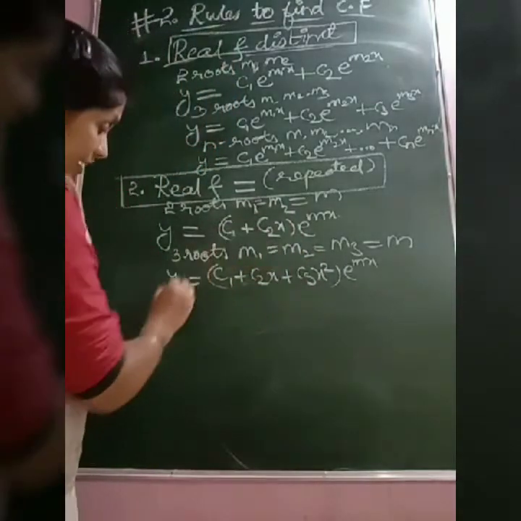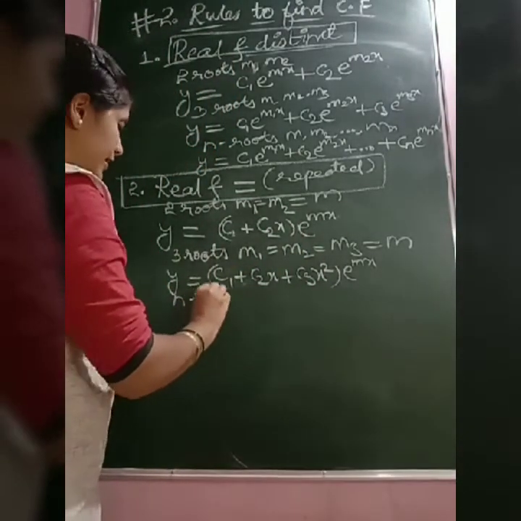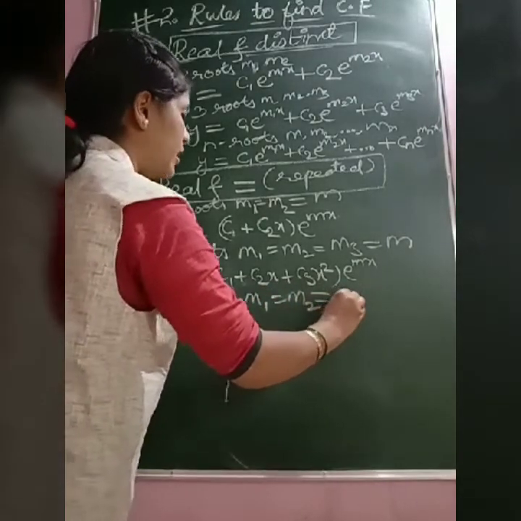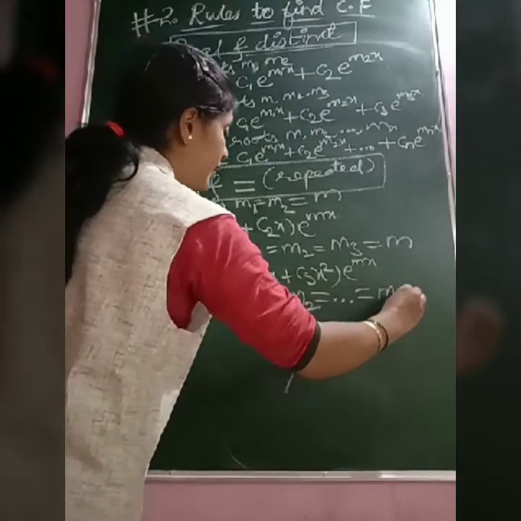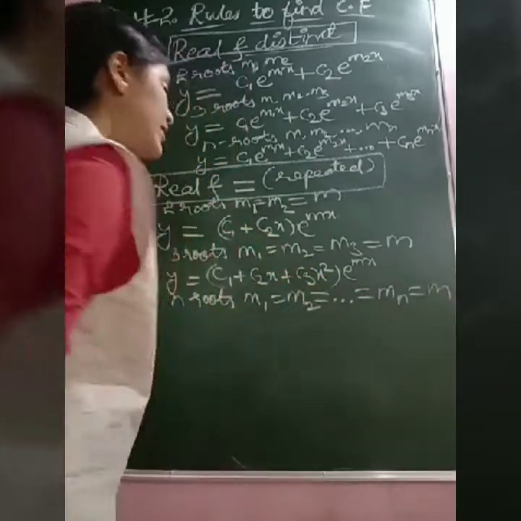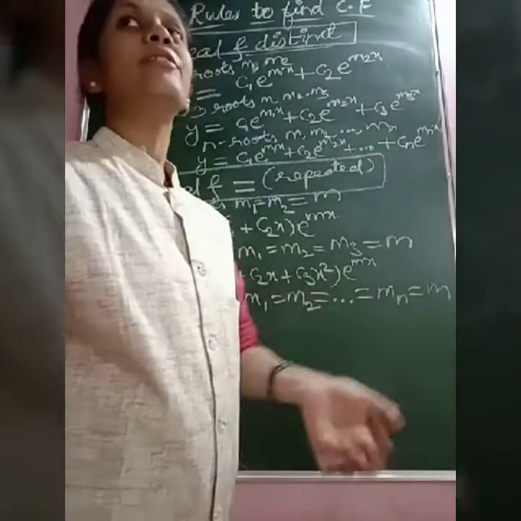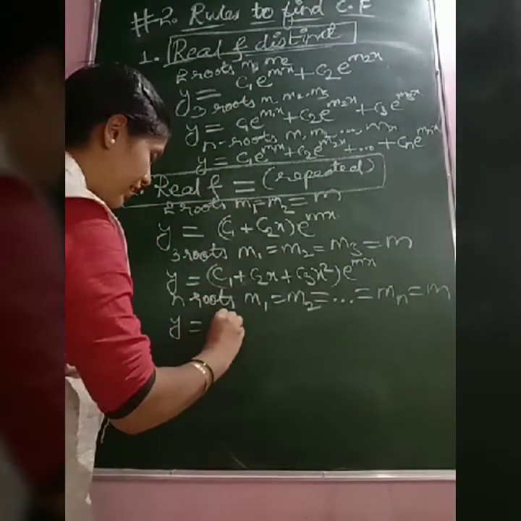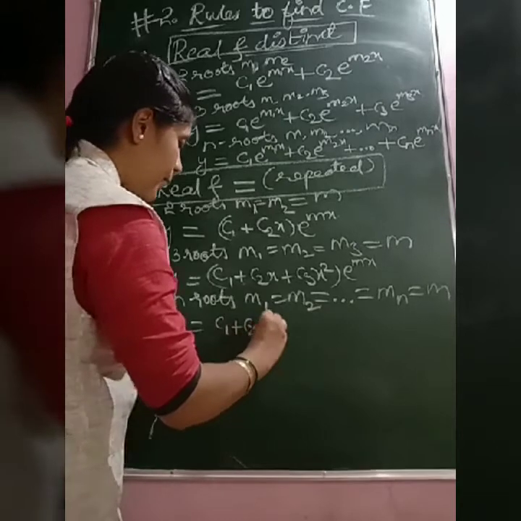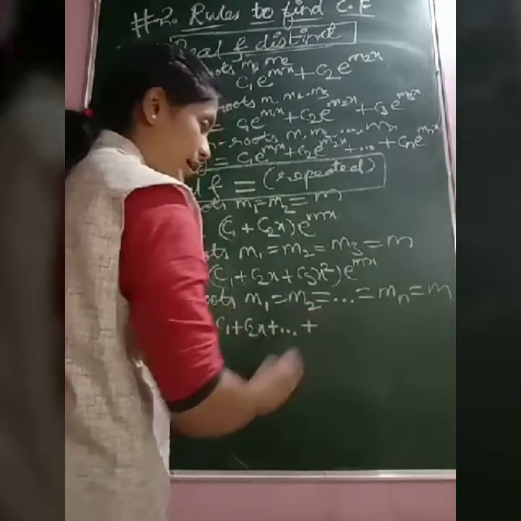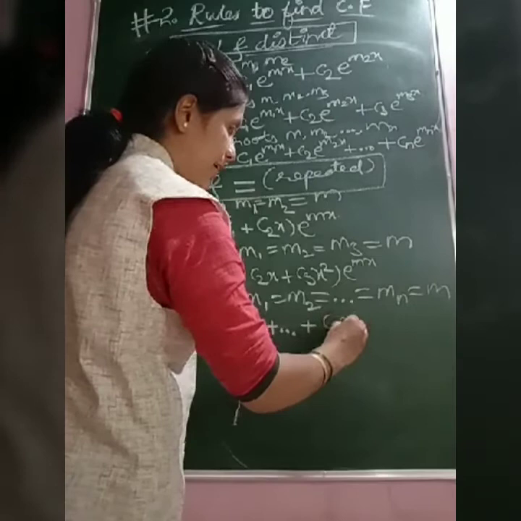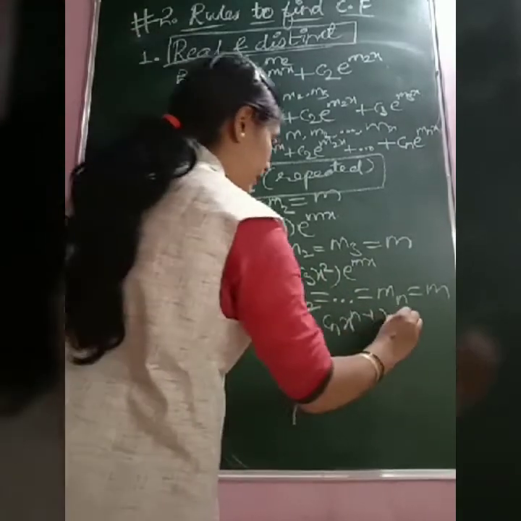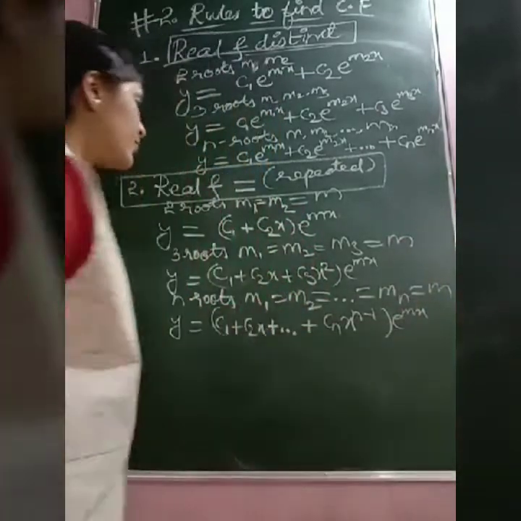Now, if n roots are there, m1 equal to m2 and so on, all equal to m, then same fashion: y equal to C1 plus C2x plus and so on up to Cn x raised to n minus 1, e raised to mx.